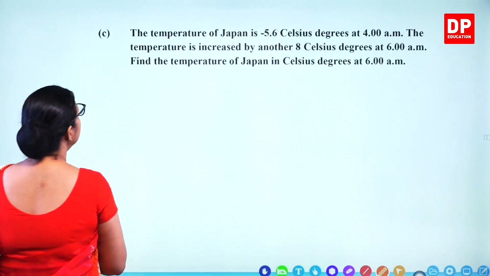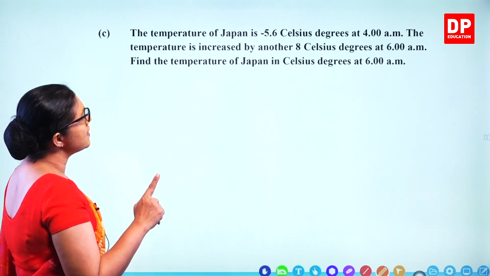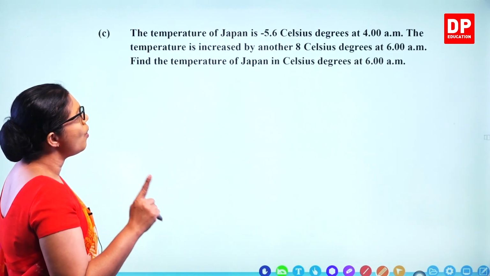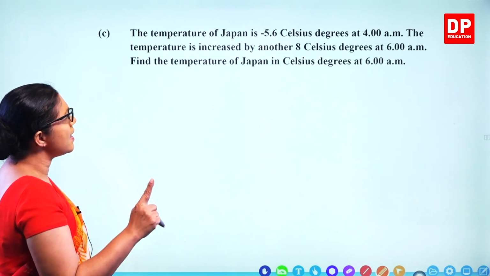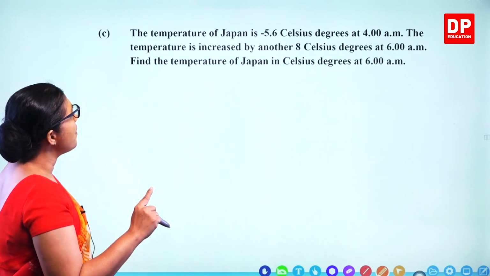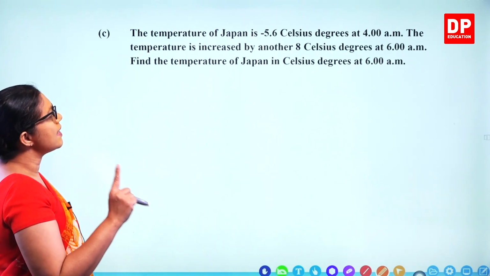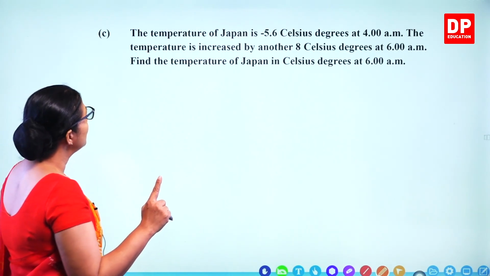And part C. The temperature of Japan is minus 5.6 Celsius degrees at 4 a.m. The temperature is increased by another 8 Celsius degrees at 6 a.m. Find the temperature of Japan in Celsius degrees at 6 a.m. So let's take it.